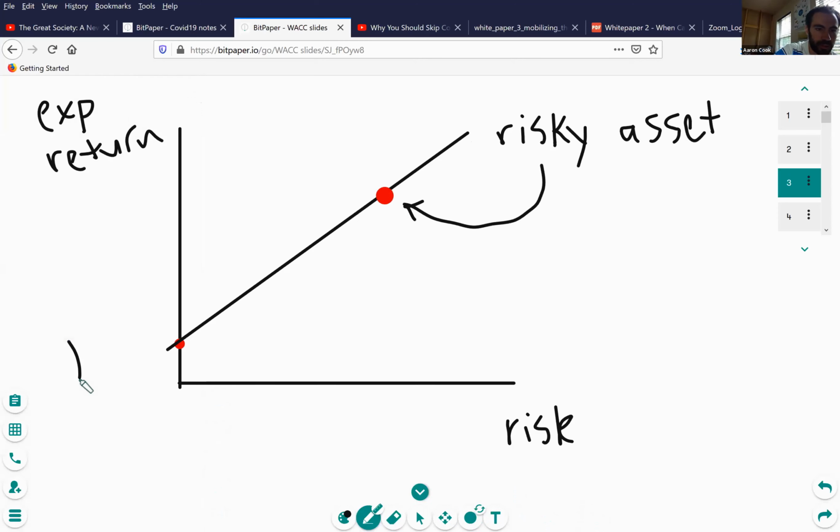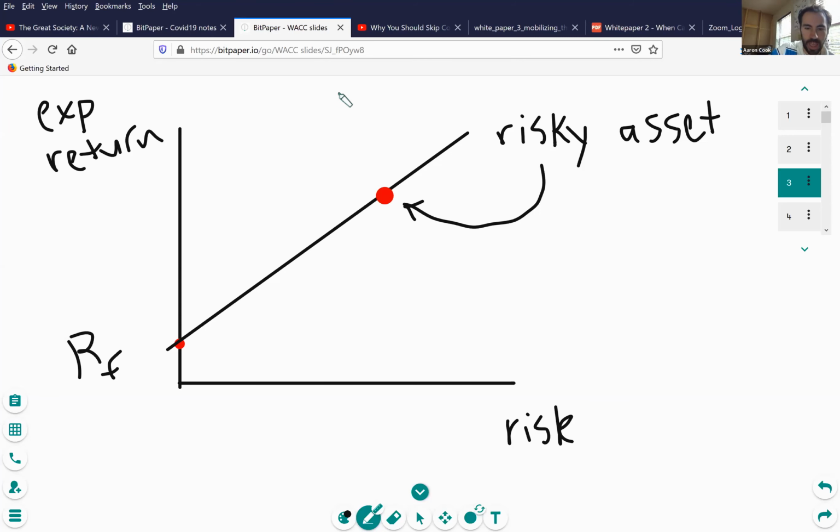That's the risk-free rate. So from our portfolio theory, we know that combinations of the risk-free asset and the risky asset mean that there's got to be a line that goes through both of those points, starting at the risk-free rate along the y-axis. So in fact, the fact that we know something about portfolio theory means that we're going to fix that a parameter.